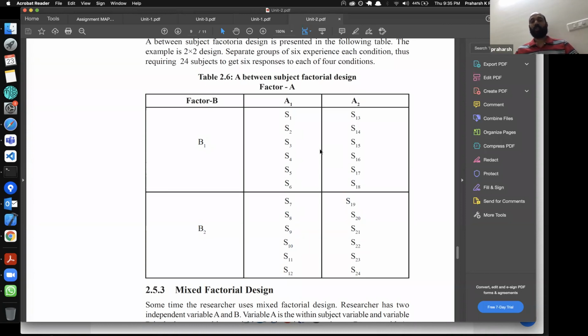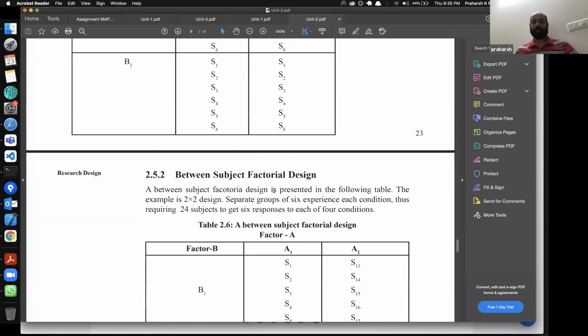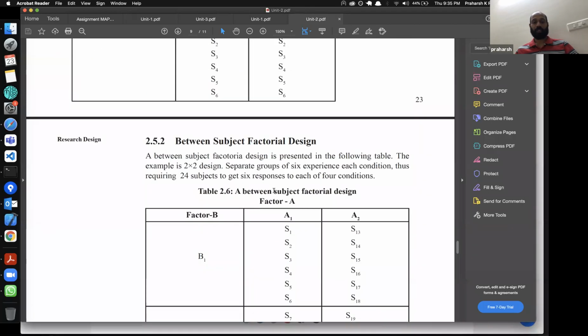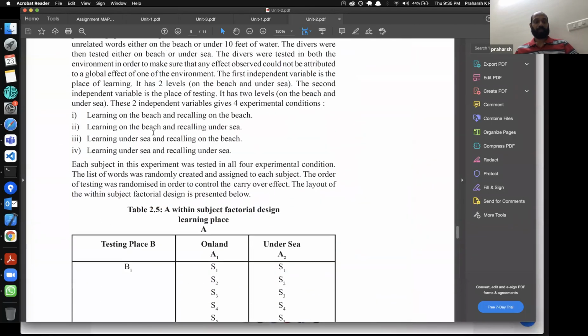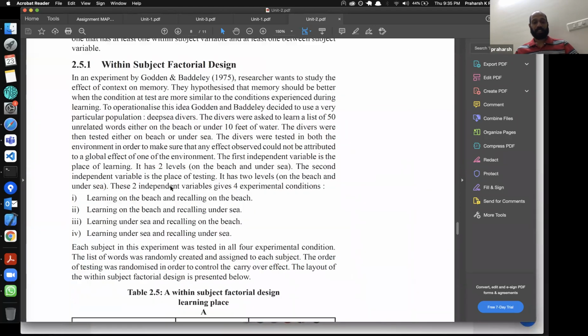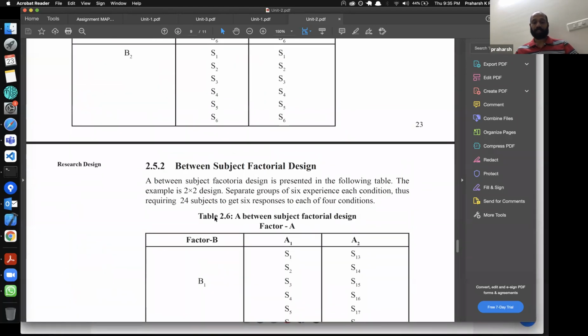So all the 4 experiments were given to 4 different sets of people. That would be called between subject. So the first one is within subject, the second one is between subject.